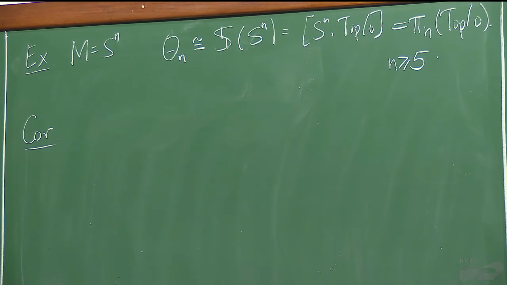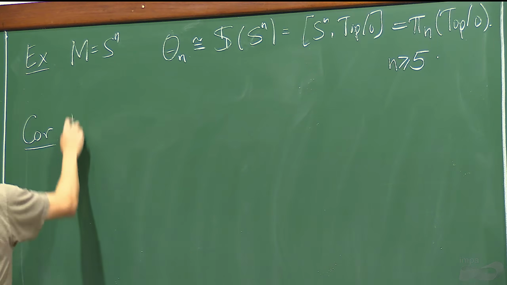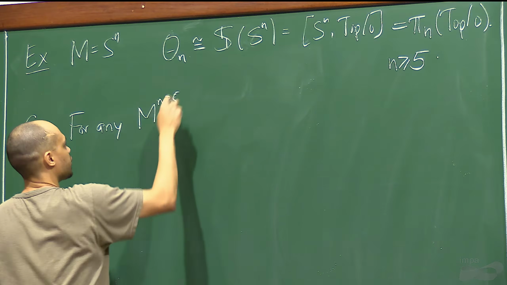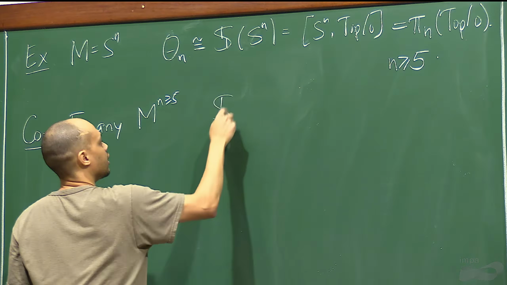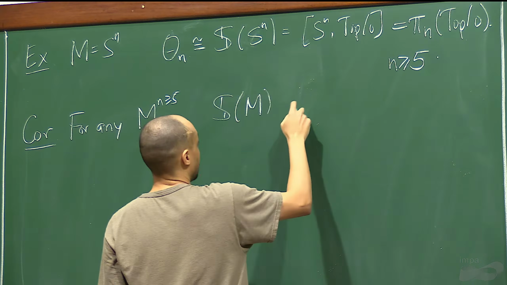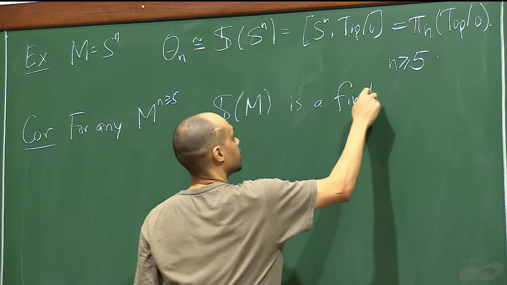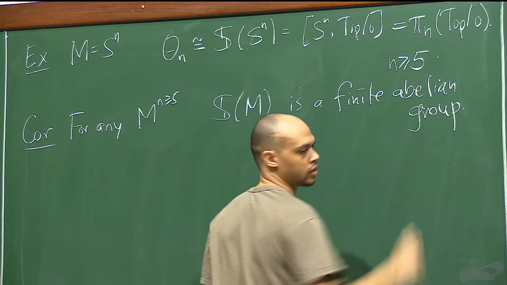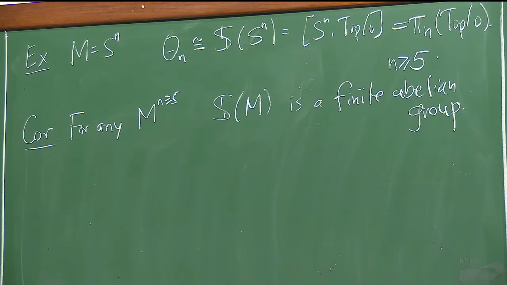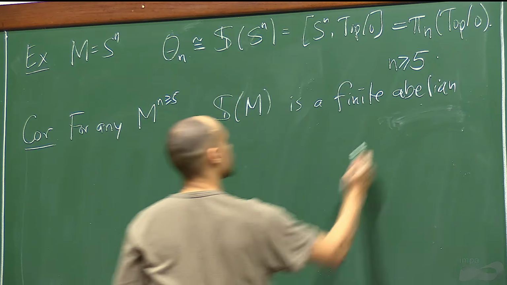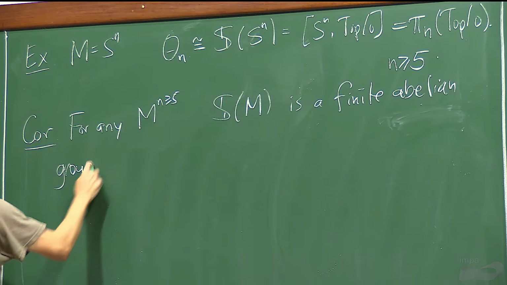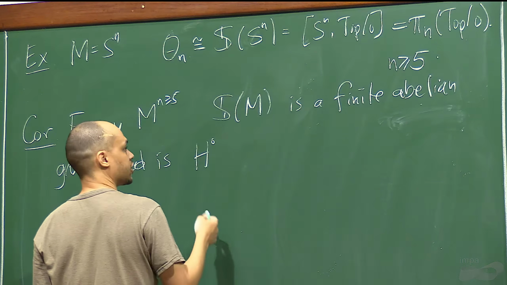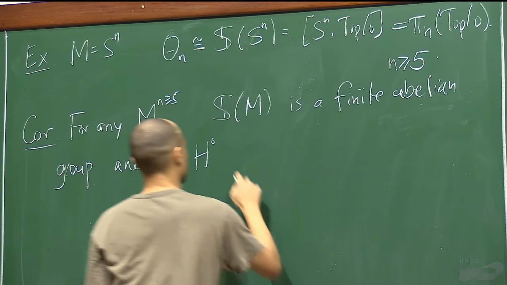So one corollary is that for any M in dimension at least 5, S of M is a finite abelian group. And moreover, it's the zeroth cohomology of a generalized cohomology theory.